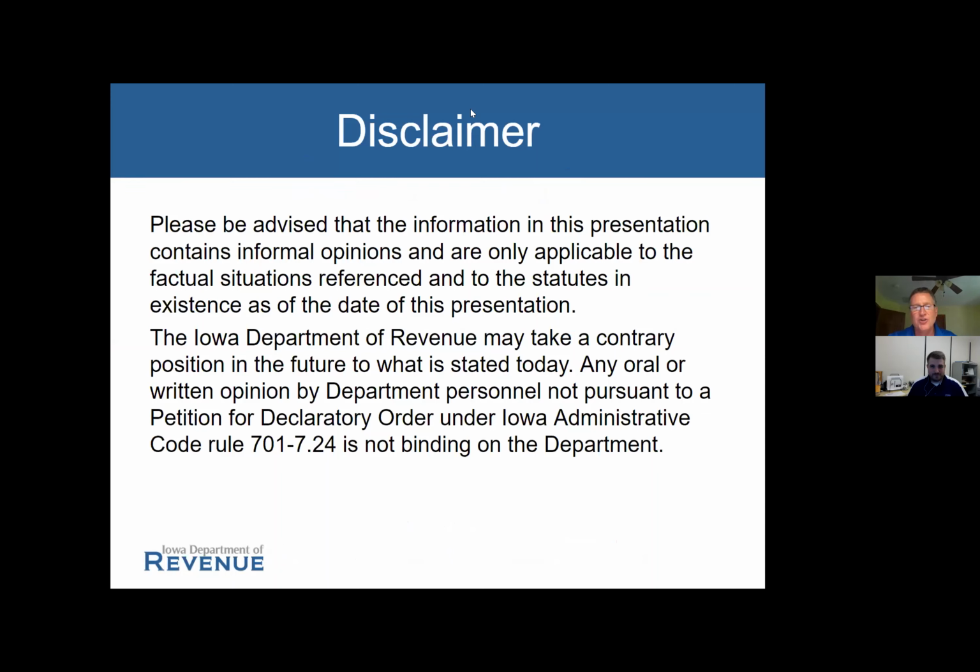This is an educational presentation, and we're going to provide some information to you. If we get into specific questions, the answers that I'll give are certainly related to the specific question that you asked, if I can answer it. But I just want you to be aware that this is not binding on anybody at the department. You have to go through a declaratory order in order to get something binding from the department.